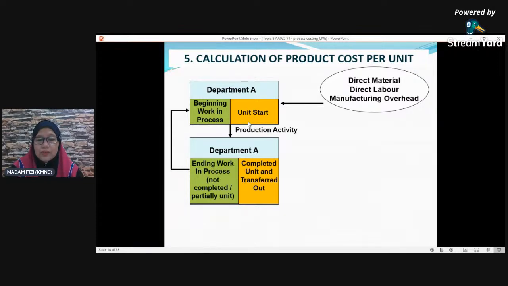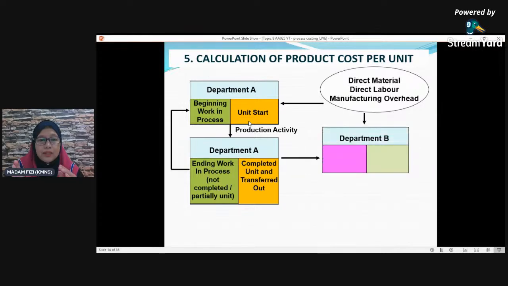Kita akan transfer out ke mana? Kita akan transfer out ke department B. So in department B, the completed unit and transferred out, dia akan jadi unit transferred in dekat department B. Kita tak panggil unit start.